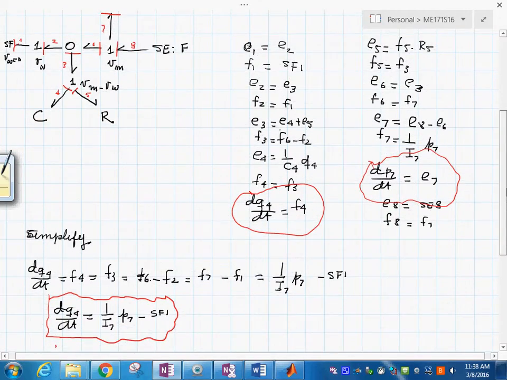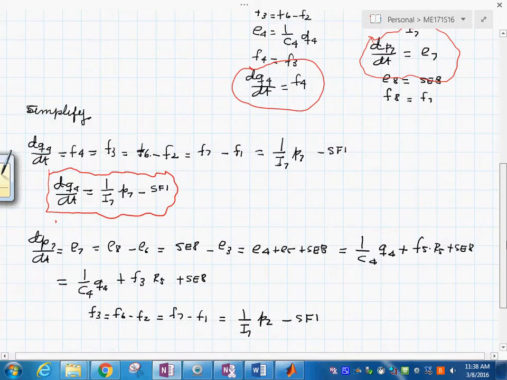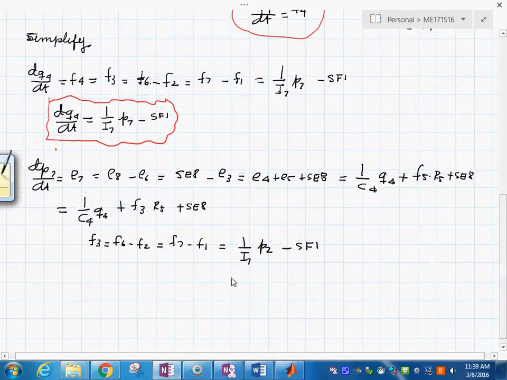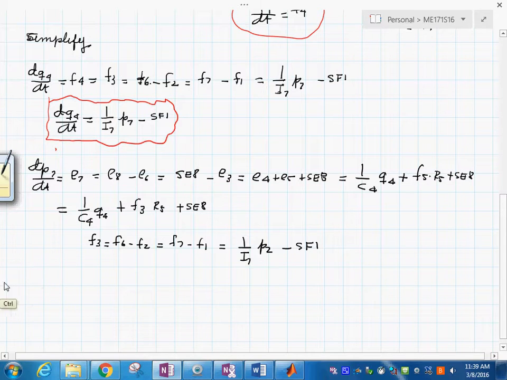So we could write finally one single expression: dP sub 7 dt equals 1 over C sub 4 Q sub 4 plus R sub 5 over I sub 7 P sub 7 minus R sub 5 times SF1 plus SE8.